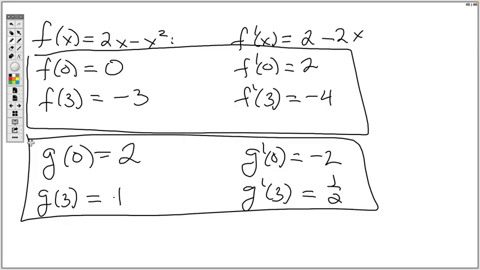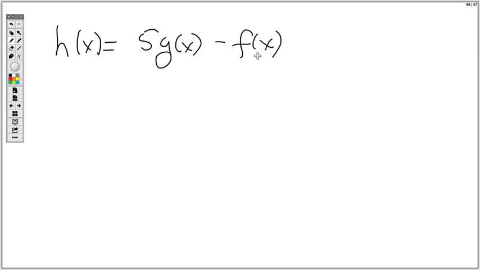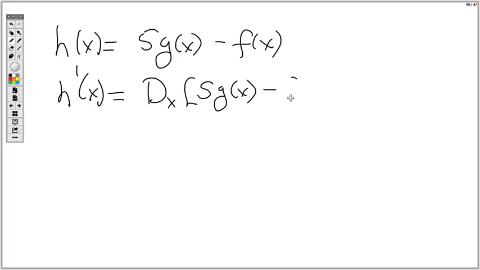So now they want h of x. They define h of x as 5g of x minus f of x. And they're interested in h prime of x. So that's the derivative of 5g of x minus f of x.